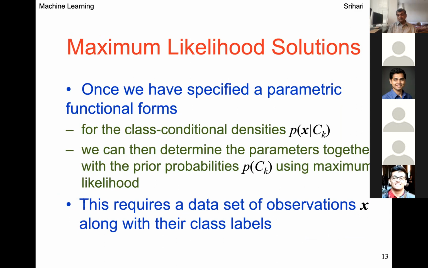So if you say, look, this class is Gaussian, but I need to know its parameters. And what do you mean by parameters? Parameters would be, tell me what is the mean of the distribution. Tell me what is the covariance matrix of the distribution. We need that in order to plug it in to specify our decision boundaries, right? So we need that. It says, well, you could use maximum likelihood solution to determine the parameters.